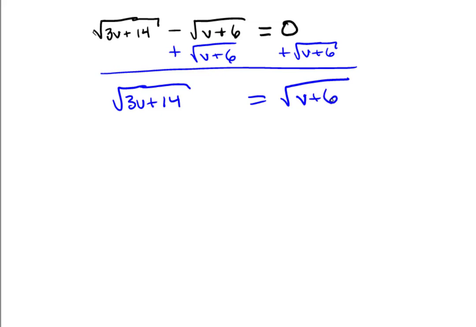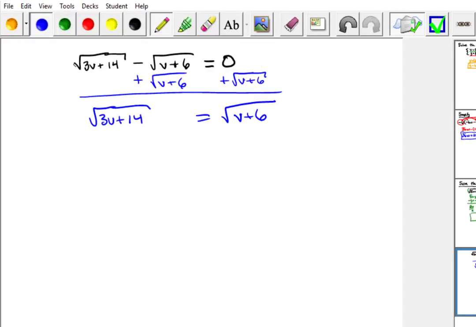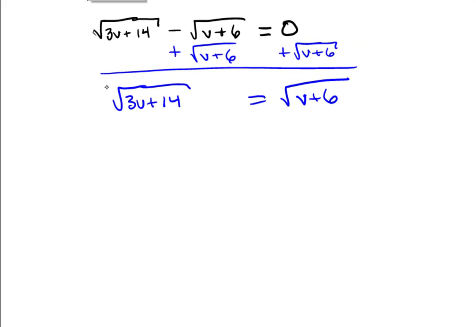We need it to look like this so that when we square both sides the radicals will cancel and we don't have to worry about FOILing. If we had done it in the first step, we would have some kind of multiplications in the middle that overcomplicate things.